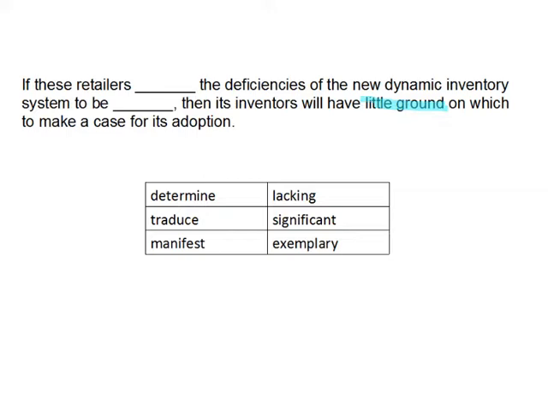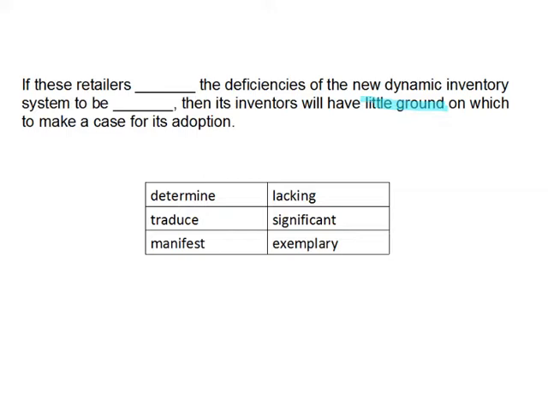So if I'm not going to make a case for its adoption, then what must the system be? If I'm not going to be able to make a case for its adoption, then that new inventory system must be bad. It must not work in some way.